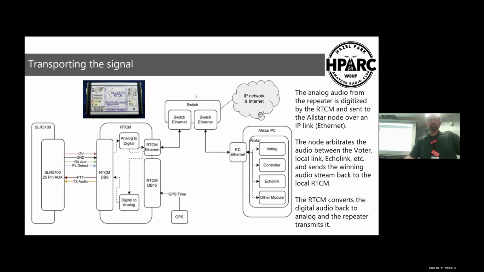Am I going to play one of the voted audio streams? Am I going to put out EchoLink, an announcement, a station ID? All of that audio gets arbitrated and then sent back through the network to the RTCM, where the RTCM converts it from digital back to analog, keys up the repeater, and then transmits it.